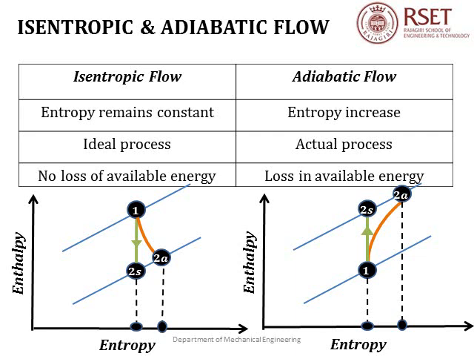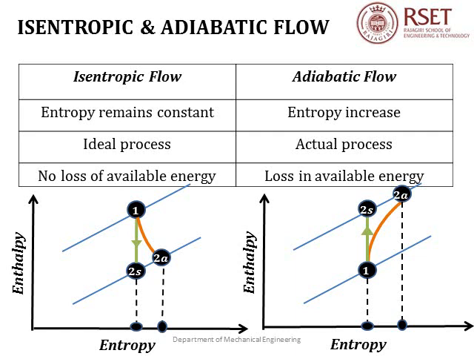Whereas if it is an adiabatic flow, from the moment it starts moving away from point 1, it deviates from the ideal isentropic flow because of increase in entropy, and it reaches the point 2a.